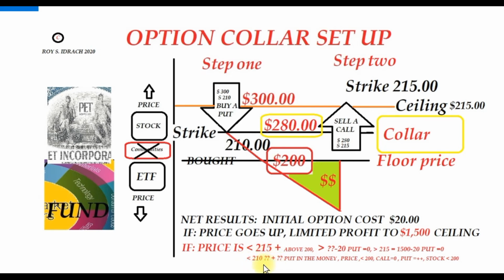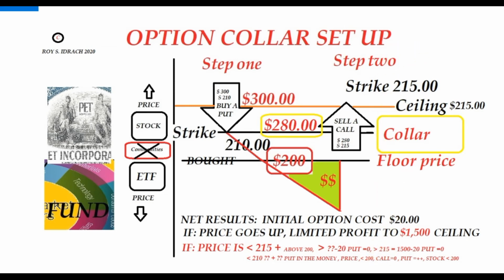Now we take this one. How about if the price is less than 210? The put is in the money, right? Because it's going to start coming down, less than 210. So the put is going to be in the money, so you're going to be making money. If the price is less than 200, the call that you sold expires worthless, right?